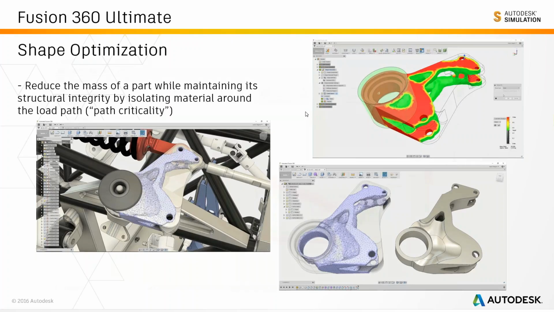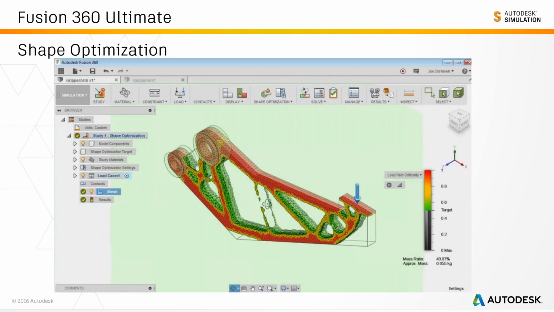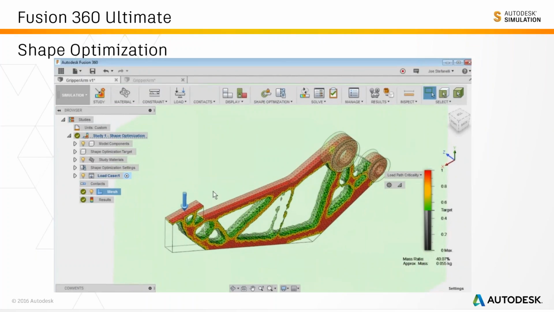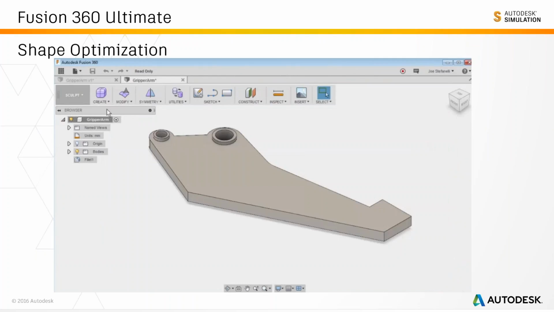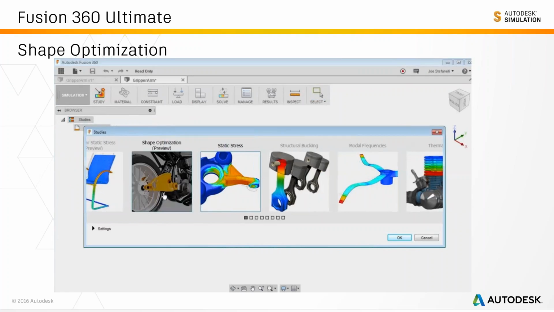Let's look at an example here. So we're trying to end up with a part that is closer to this shape, starting from this shape. Okay, so again, back into simulation mode. The study type is going to be shape optimization.